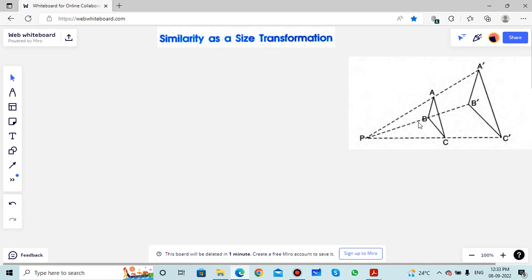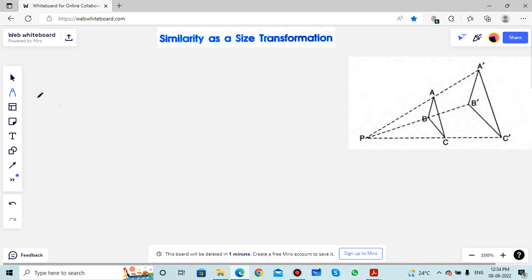Don't take it as a triangle, just take it that there is a line segment PA. We produce PA to PA dash such that PA dash is double of PA.